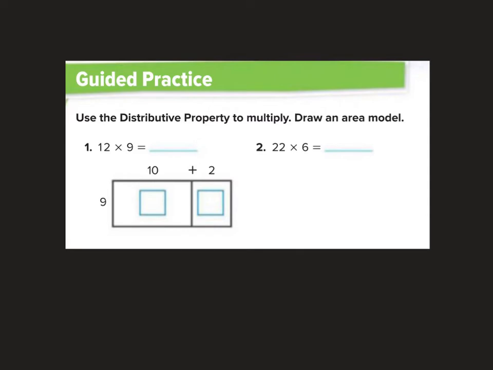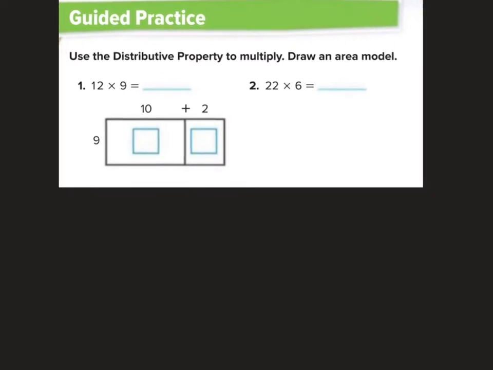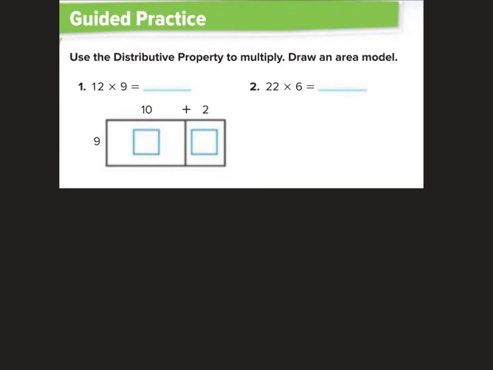Let's look at the guided practice here. So please watch carefully as I show my work, and show it on your page too. So I'm going to do 12 times 9. I'm going to break 12 into 10 and 2. So here I'm going to do 9 times 10. I'm going to put parentheses around them so they stick together. Plus 9 times 2.